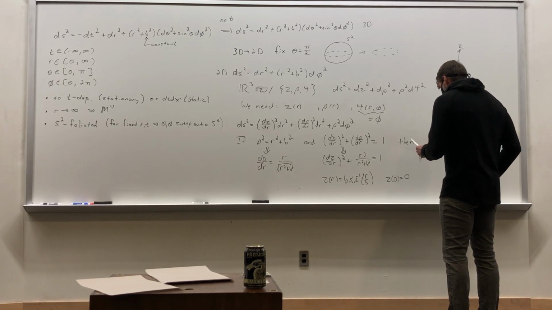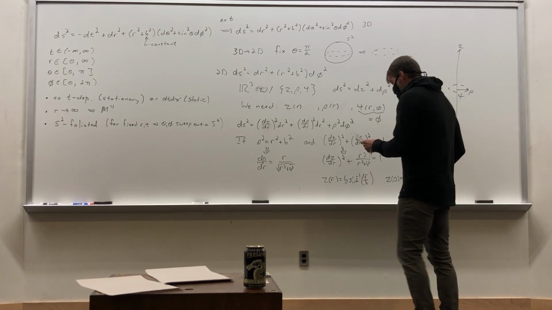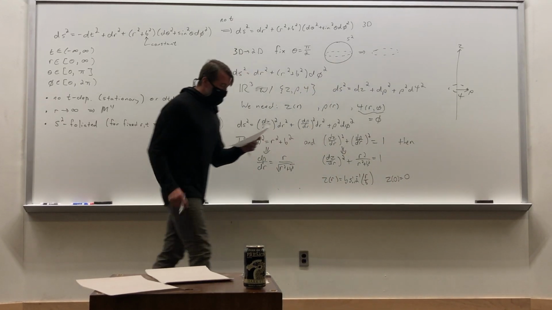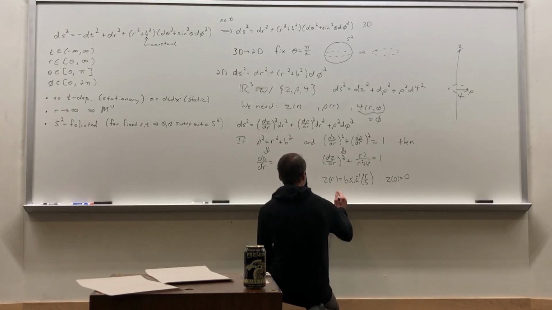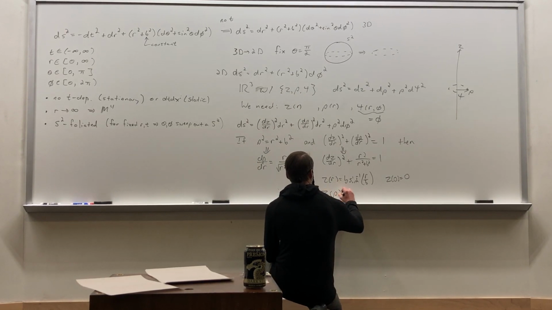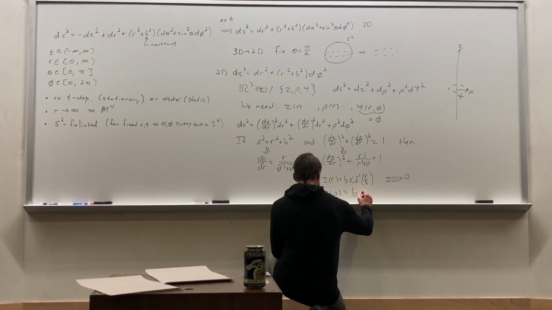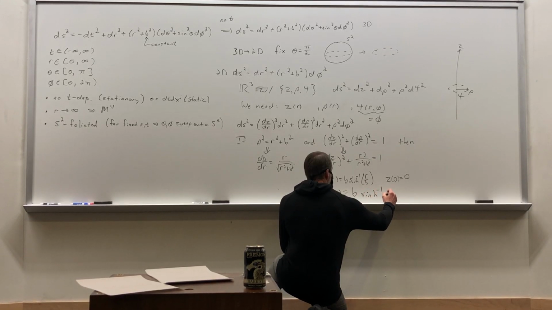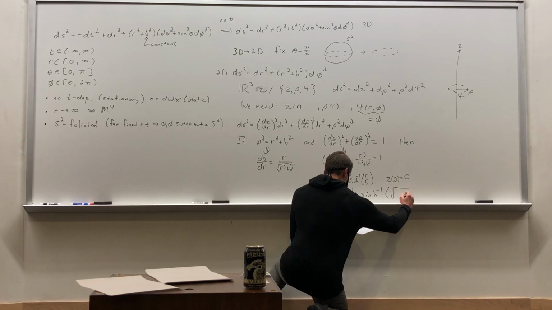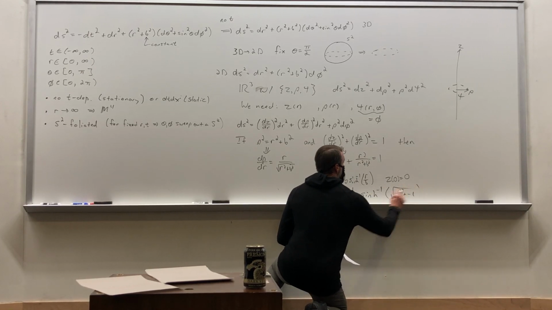I'll just skip the next step and actually write down how z depends on rho. So z depends on rho as b times the inverse hyperbolic sine of the square root of rho squared over b squared minus 1.